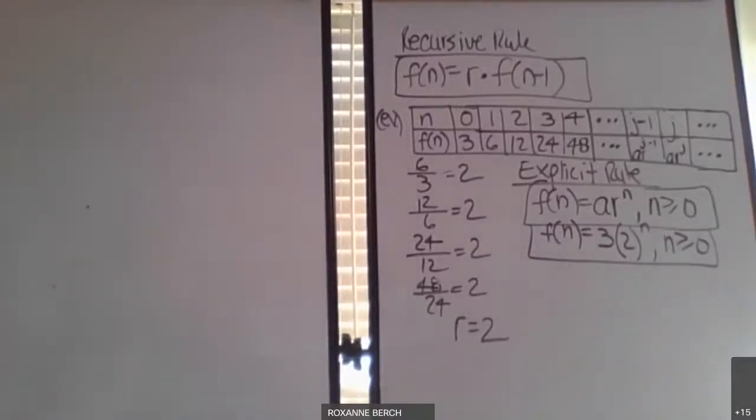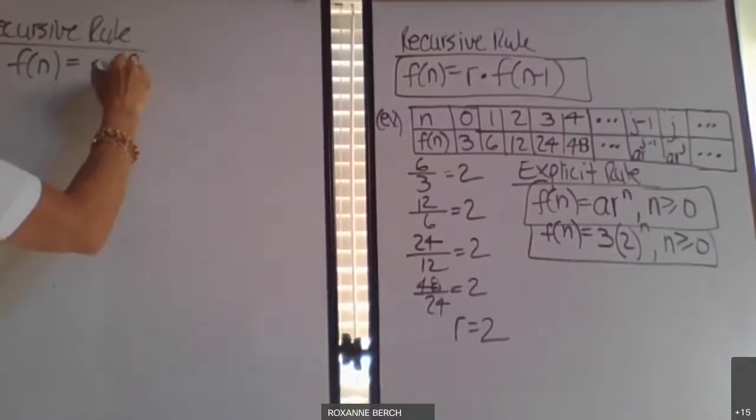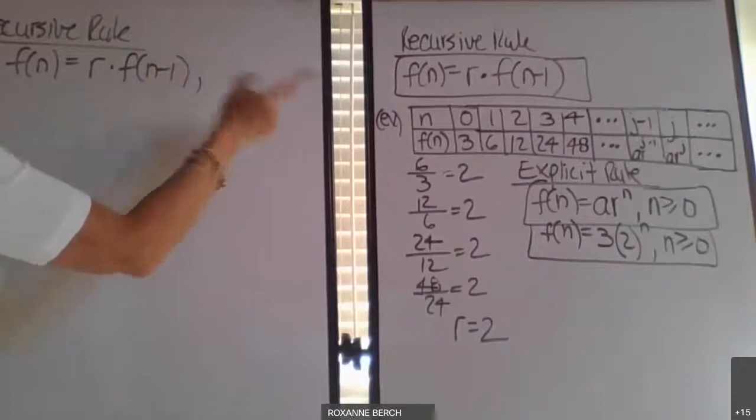So that's the explicit rule. Let's write the recursive rule. So the recursive rule is f of n is equal to r times f of n minus 1. And I'm going to put the domain.